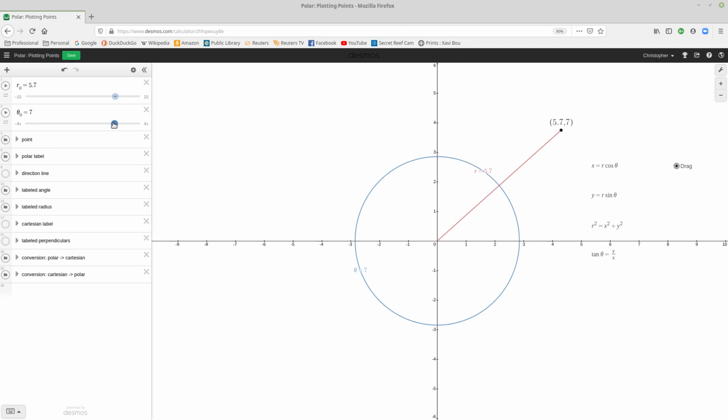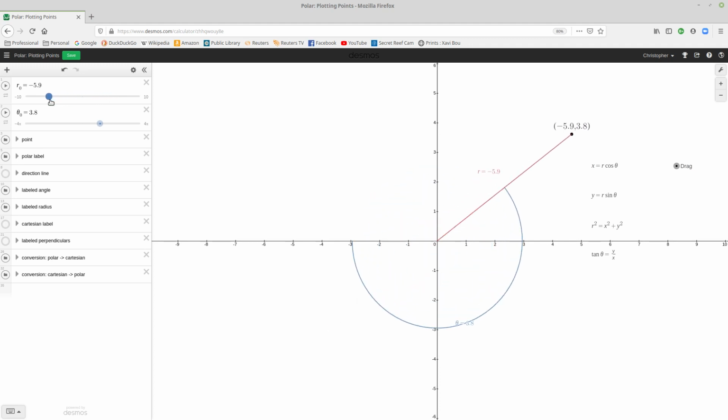On the other hand, if I rotate a half angle but use the negative radius, then I can also represent the same point. And so one major difference between your polar and your Cartesian coordinates is that the polar representation of a point is not necessarily unique.